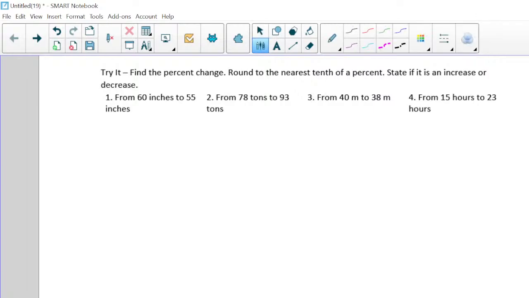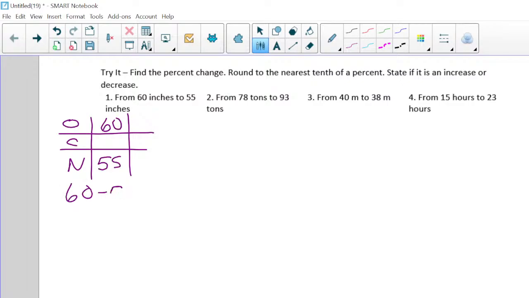Welcome back. We're going to do the last 4 problems here. From 60 inches to 55 inches. So I did original, change, and new. 60 to 55. 60 minus 55 is 5. That's our change. We know that going from 60 to 55 is a decrease. We then say, oh, I've got 100% for the original and the change.